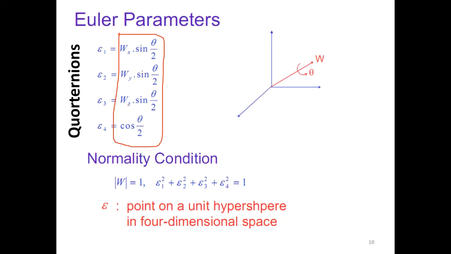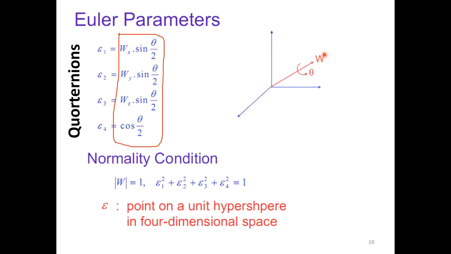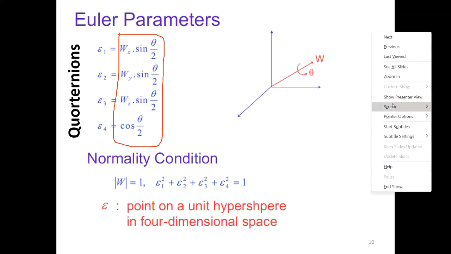So this is like x, y, z coordinates of a certain point. This point is the vector W. This is a unit vector, one unit. It has 3 components: Wx, Wy, Wz.